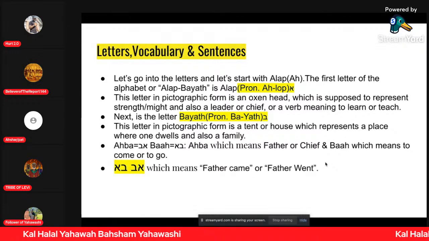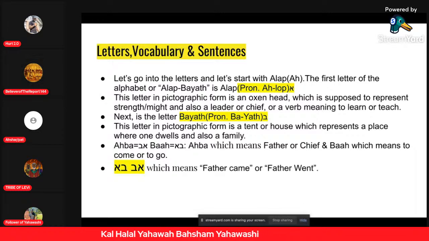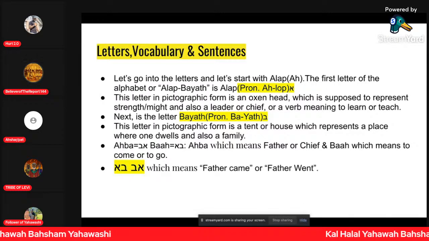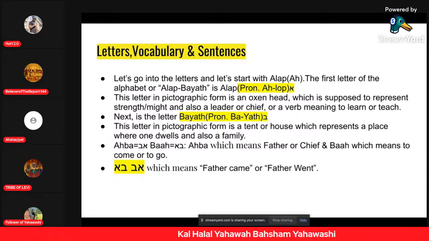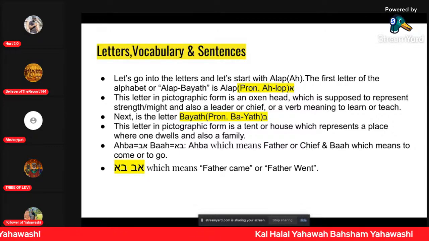A simple sentence, but being able to just play around with the letters, being grammatically correct, and being able to place the letters in certain places and read, and practicing these things, is going to help you a lot with being able to read the actual Hebrew text. Let's continue on.